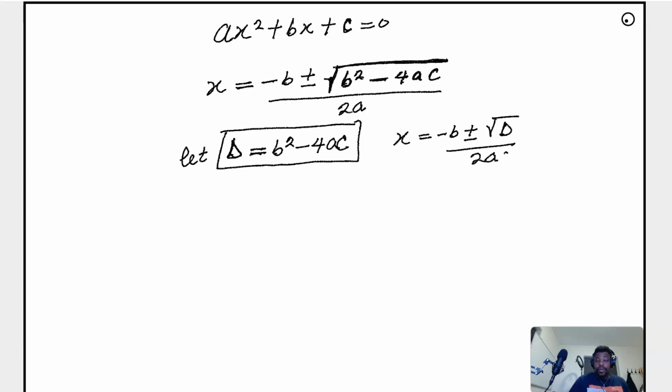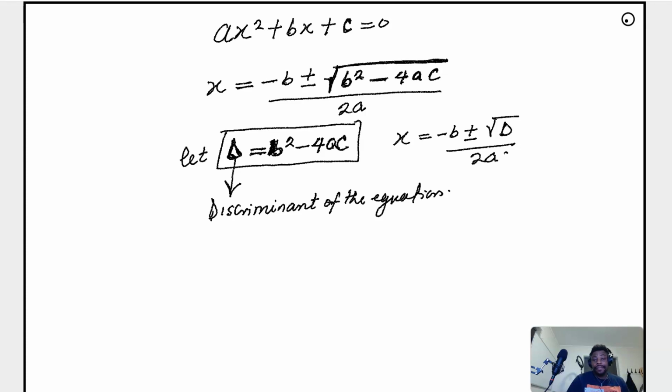What is important to us is d. d is b squared minus 4ac. d here is called the discriminant of the equation.